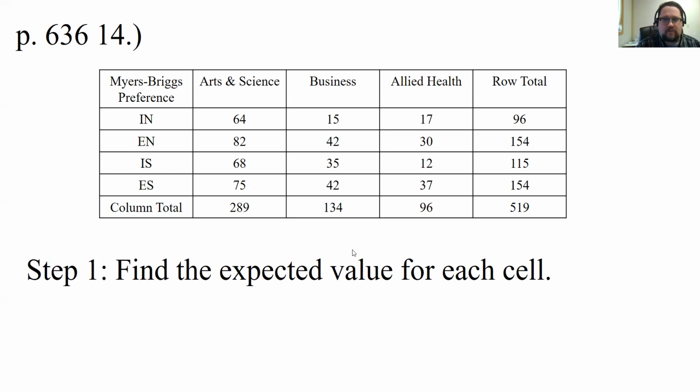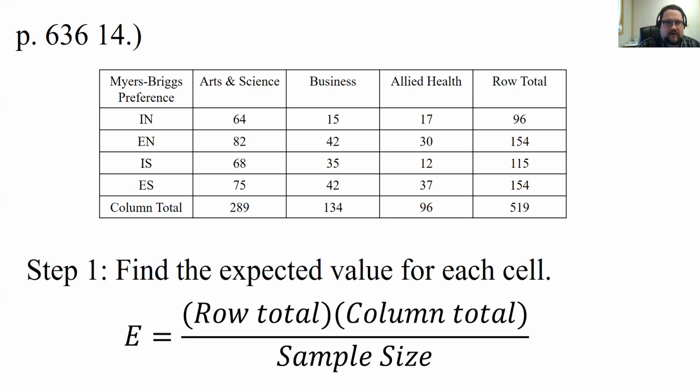All right, so the first thing we're going to do is find the expected value for each cell. The way you're going to calculate that is the row total. So you're going to go across the row and see the row total here. And then you're going to multiply that by the column total. So you're going to cross-reference.